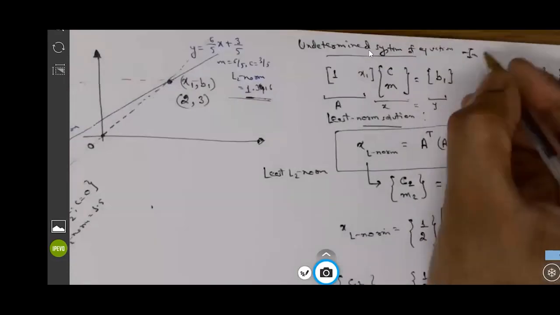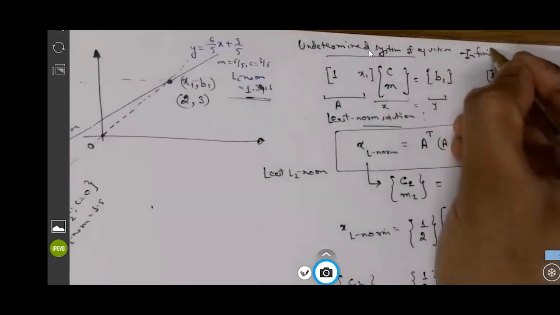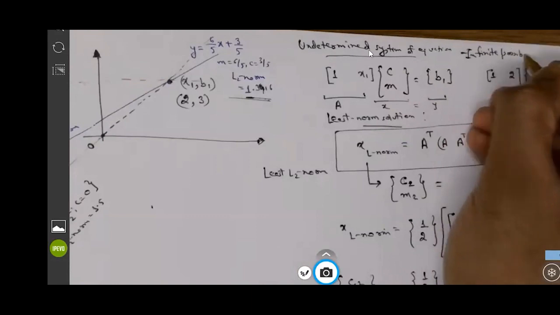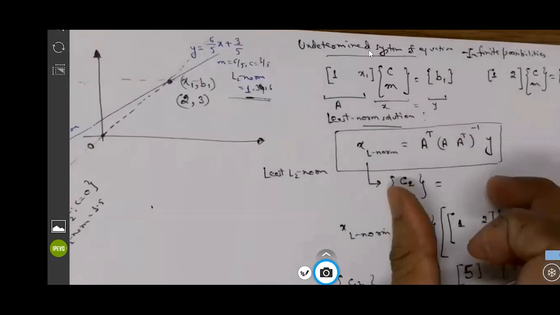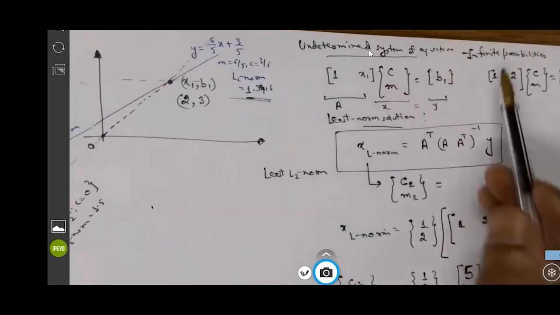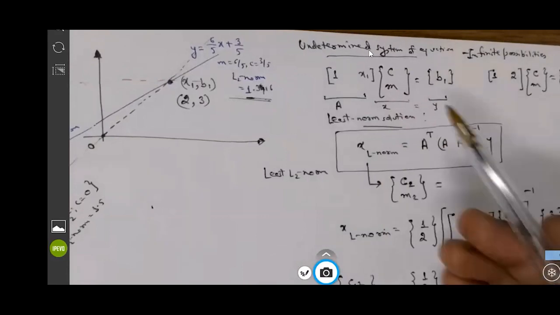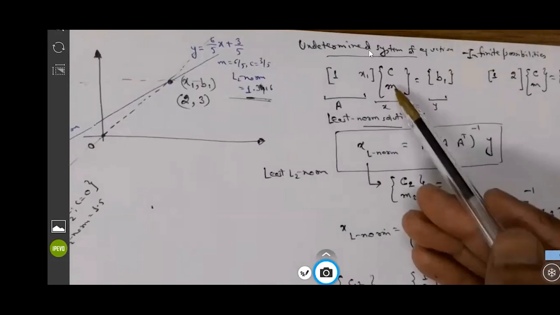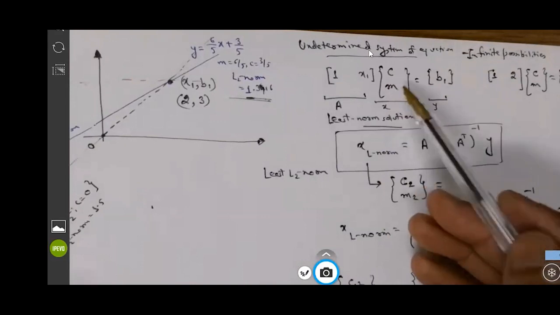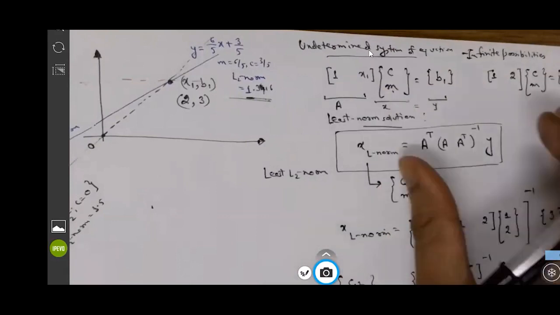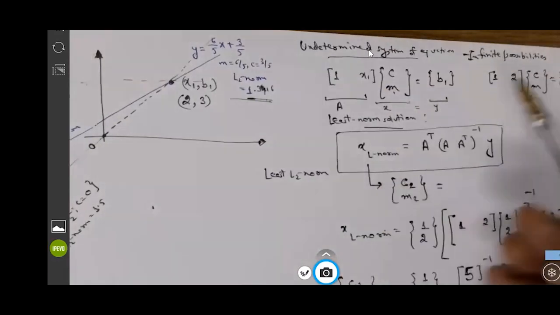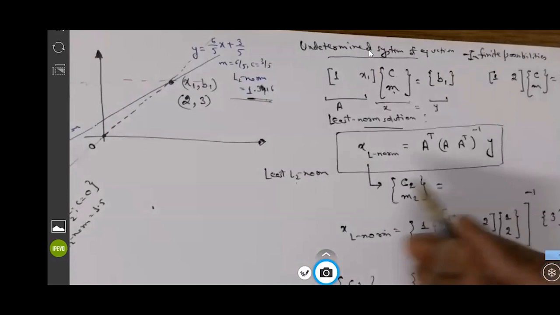Out of those infinite possibilities, if you want a least norm solution, then I can tell you what the least norm solution would be. But if you are not interested in the least norm solution, you can pick any value of c and solve for m, or pick any arbitrary value of m and solve for c. So there are infinite possibilities. But out of those, if we are concerned about the least norm solution, this is the way to find it.